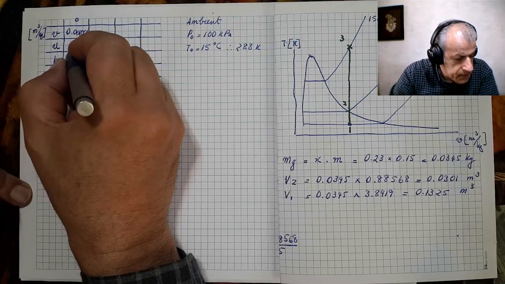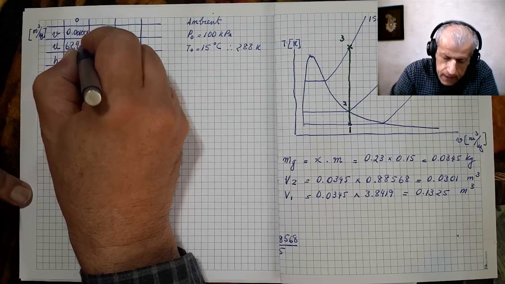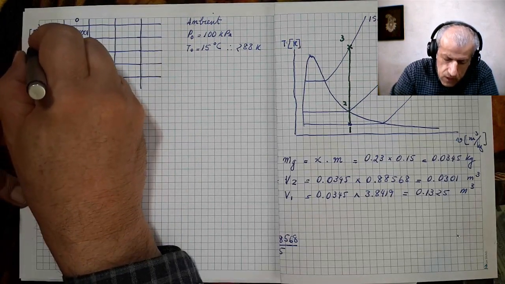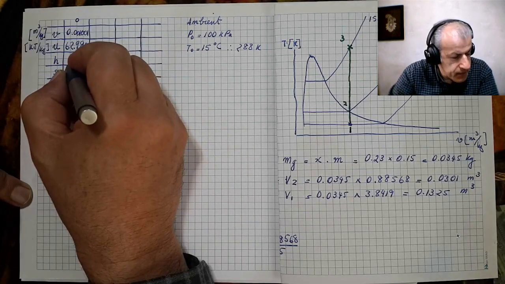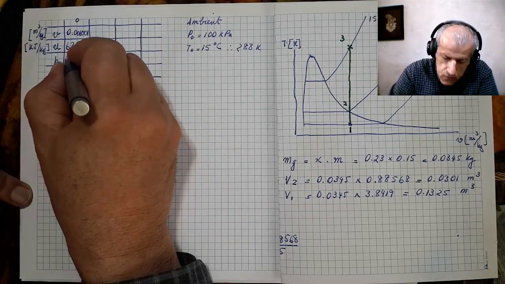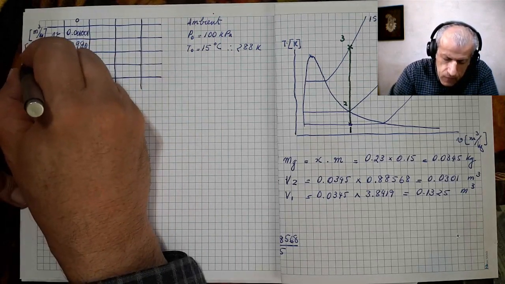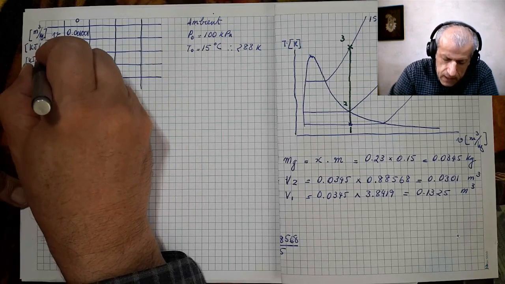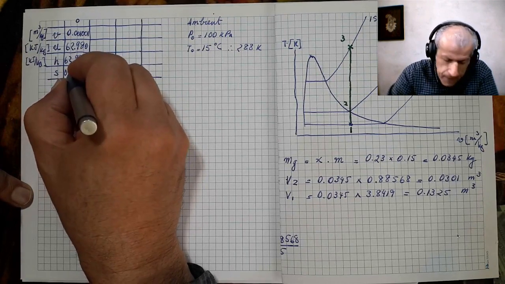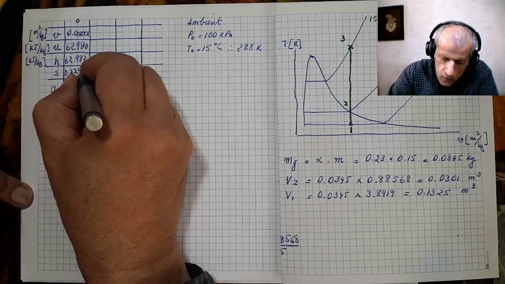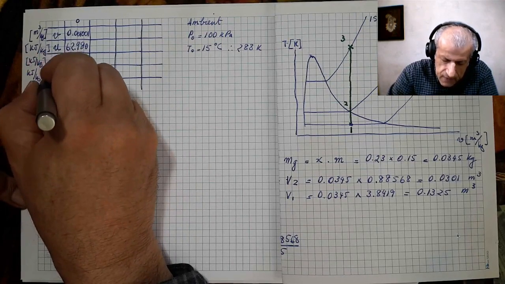U is 62.980 kilojoules per kilogram, and H is 62.982 kilojoules per kilogram, and S is 0.2245 kilojoules per kilogram Kelvin.